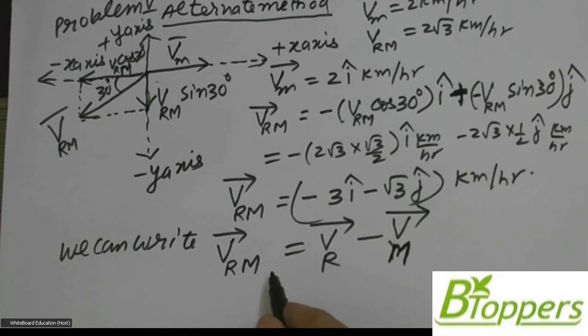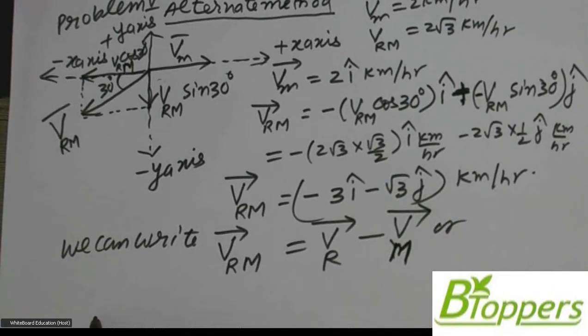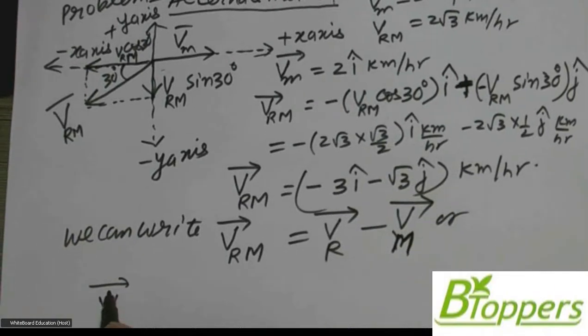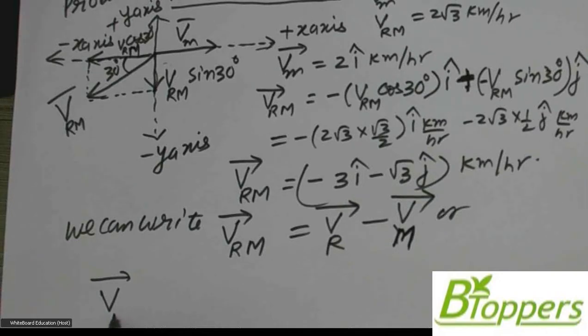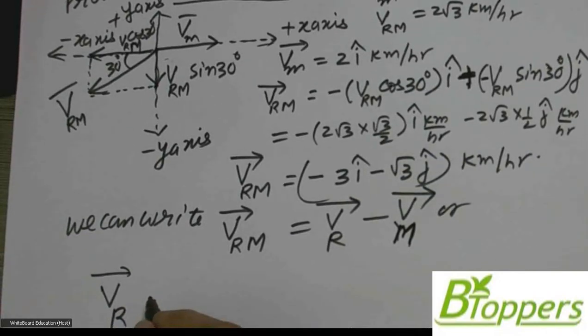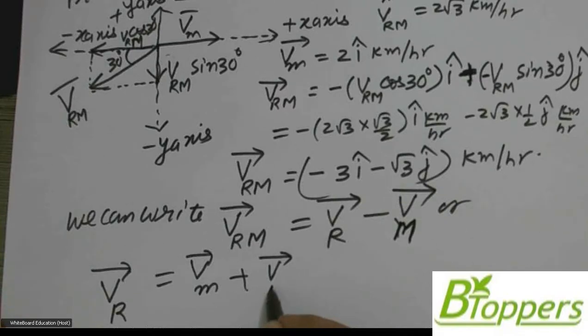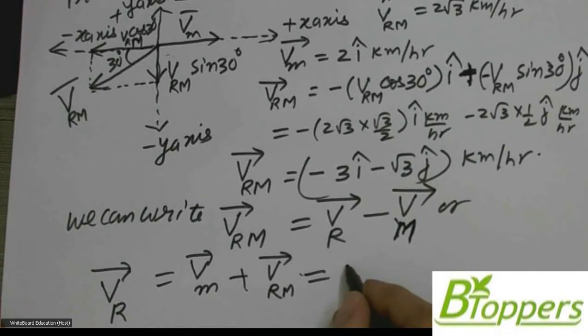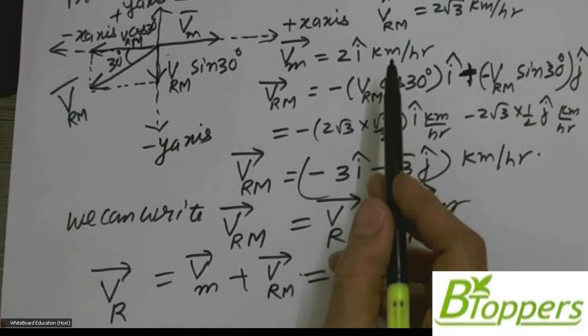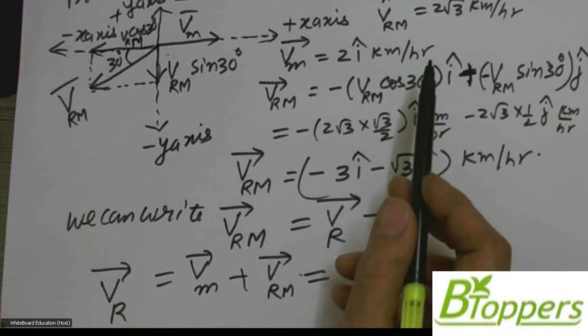You can carry this term minus V_M bar to the other side. So you can write the actual velocity of the raindrops equal to the vector sum of the velocity of the man and the velocity of the rain with respect to the man. So the velocity of the man you can substitute as 2 i cap km/h.